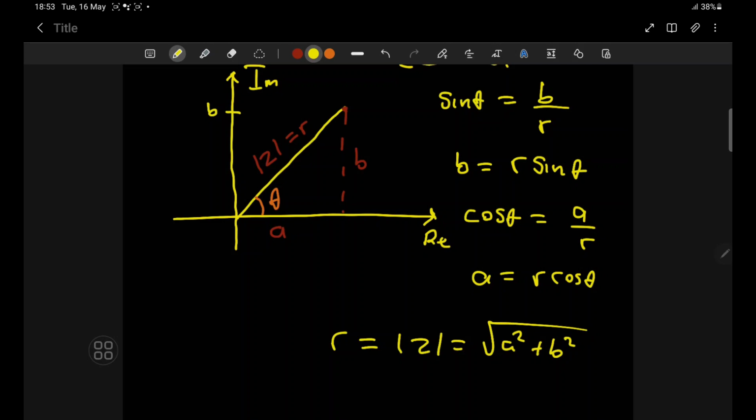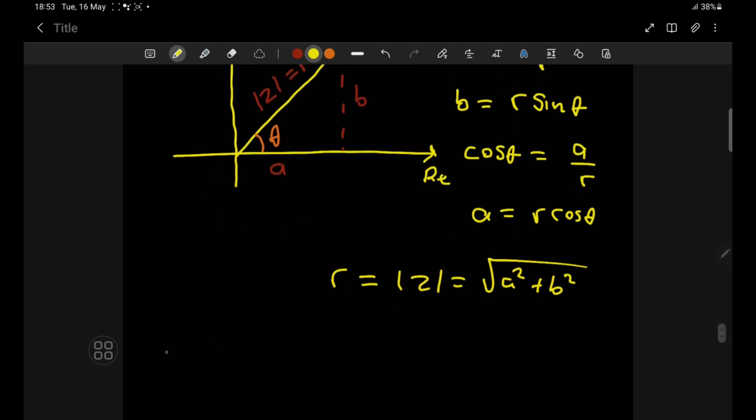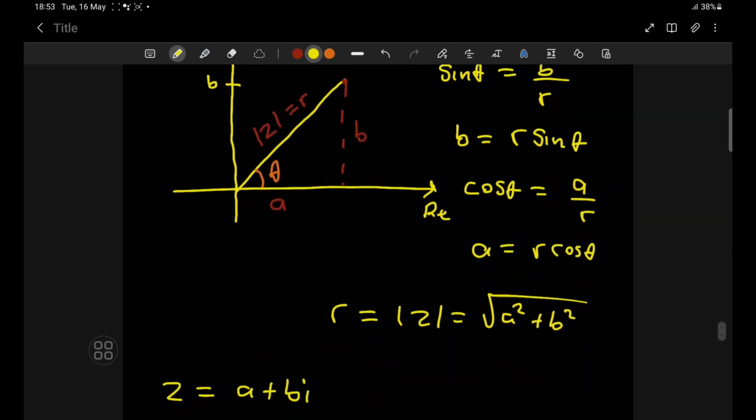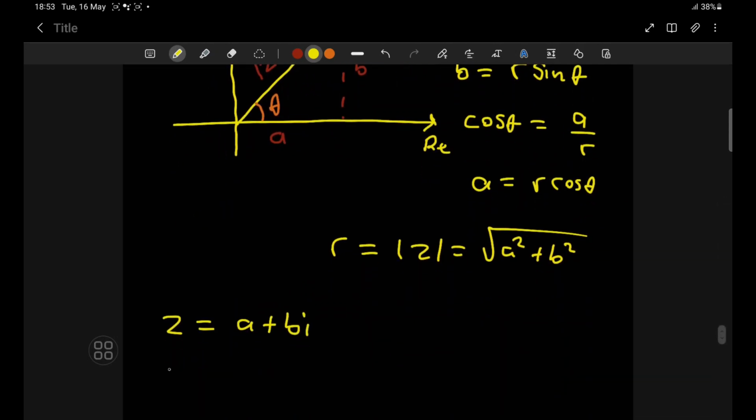So now, if we have all these values, we can substitute them in the standard form, or the rectangular form, of a complex number, which is z equals a plus bi. Now that we have all these variables, if we replace them in this expression, we end up having z equal to, a replaced with r cos theta, plus b, which we said is r sin theta.